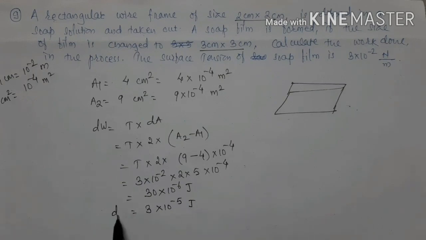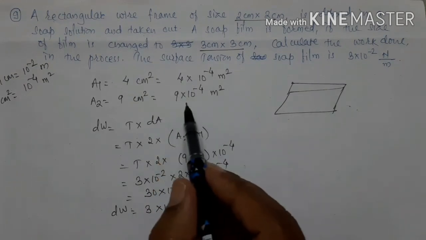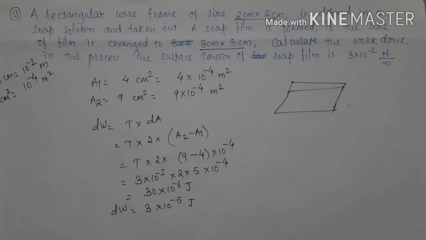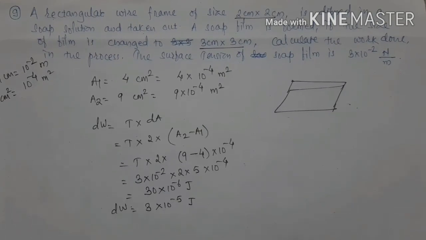This is the amount of work done to change the area from 4 centimeter square to 9 centimeter square. This indicates that in order to increase the area of a soap film, work has to be done, and this work done to increase the area is dW, which is given by T into dA. Thank you very much.